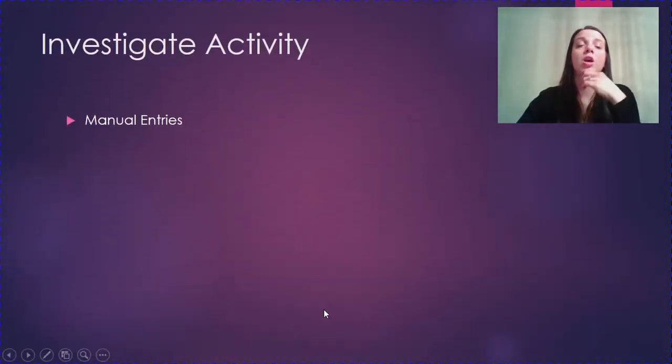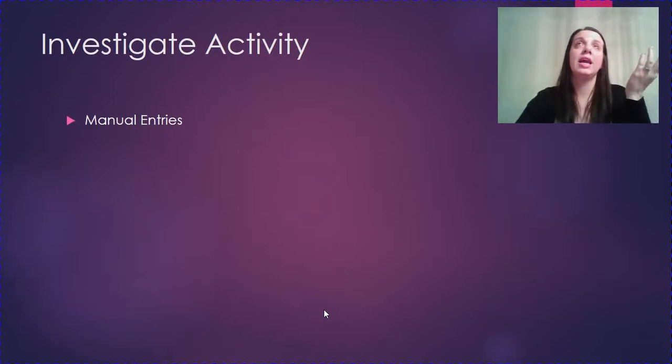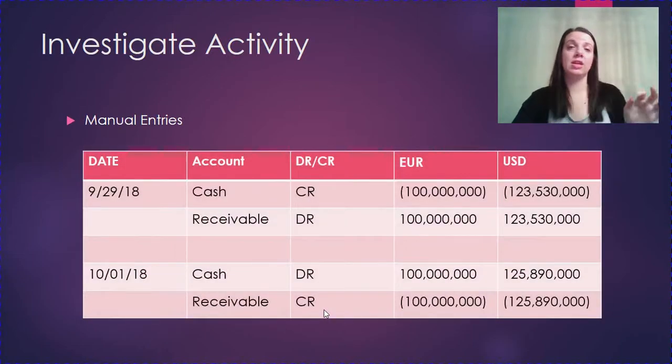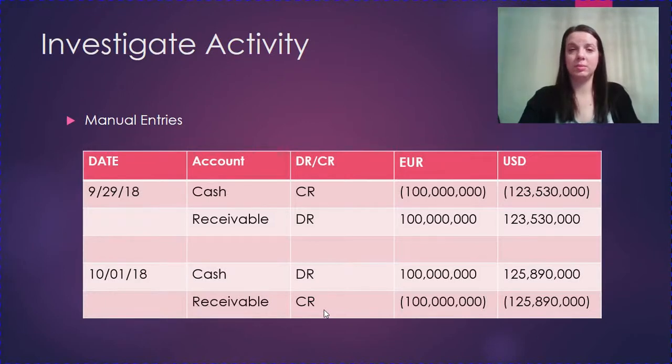Next we are going to investigate the activity. We look to see if there are manual entries posted to this account. On September 29, we posted a credit to cash because cash did not move, and we posted a debit to a receivable in our Summit activity, the product processor.